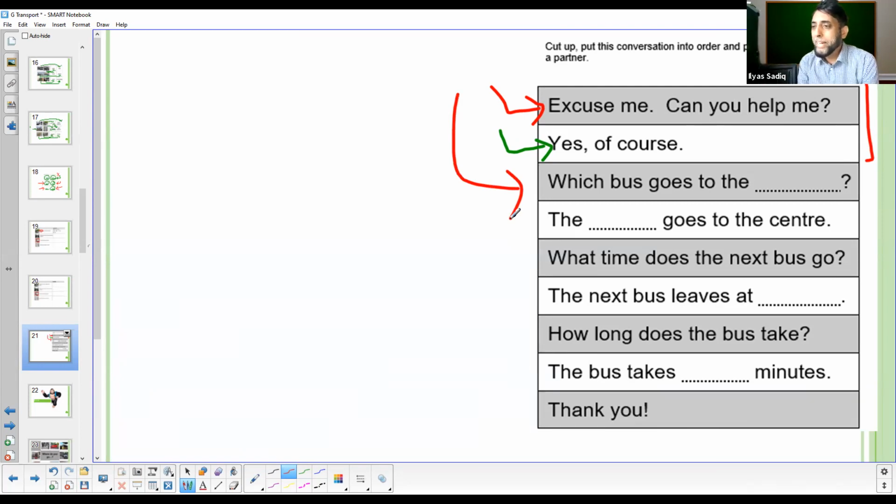So these are the manners, how you ask somebody for help. Of course they would reply, yes, of course. A lot of times we just start like that, and people don't want to help you because they feel that you haven't asked with manners. So every time you're talking to somebody, start with, excuse me, can you please? These are the words that we use for good manners.